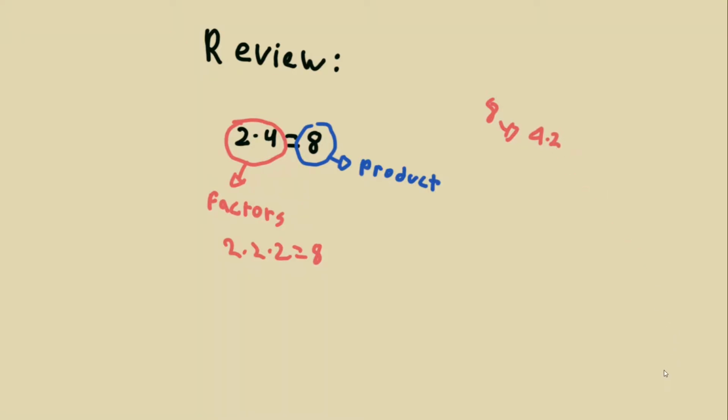We'll have variables included. So here we have 4x. How do we factor 4x? Well, first of all, let's find the greatest factor of 4. It's just 2 times 2. 4 doesn't have any other factors. So let's put the greatest factor here.